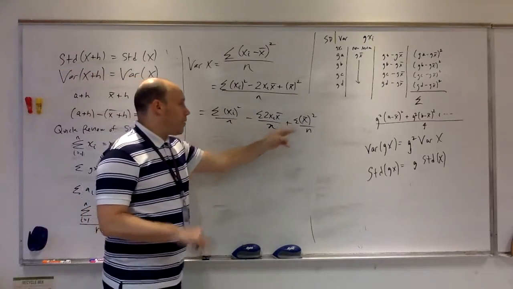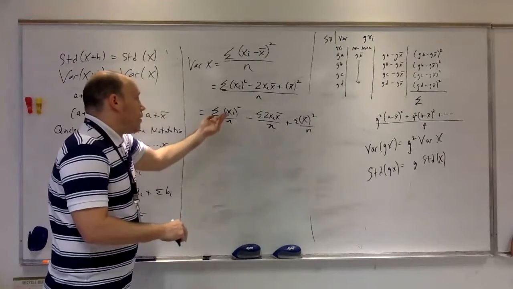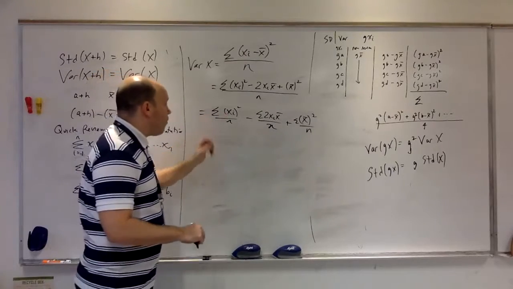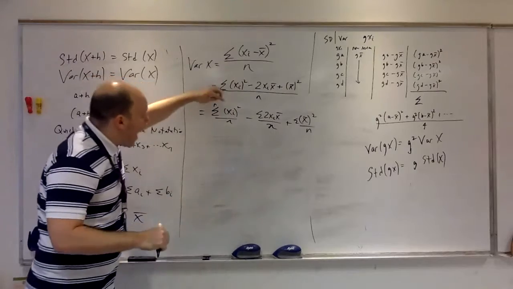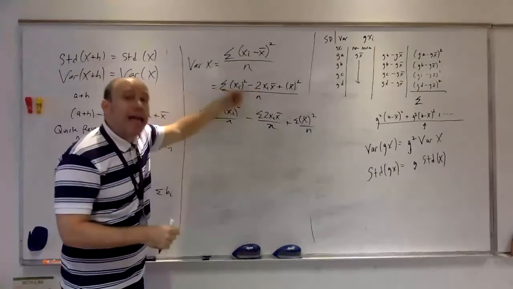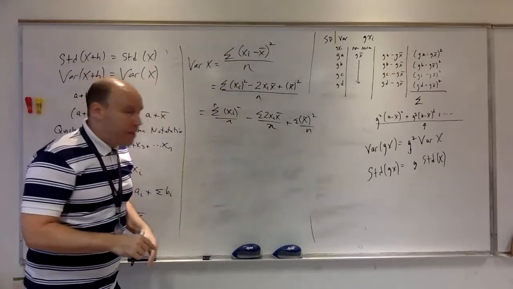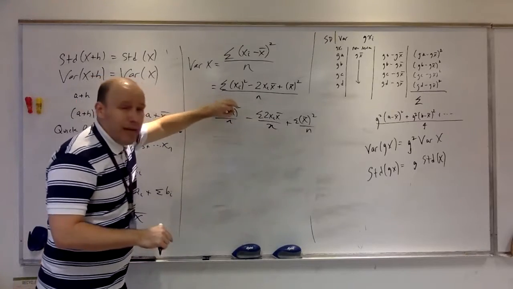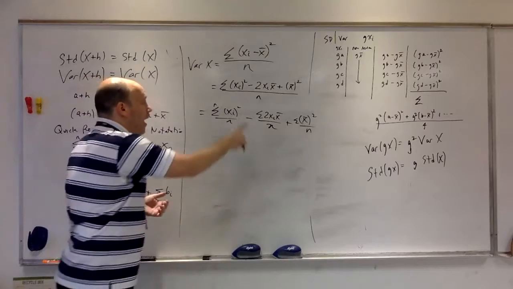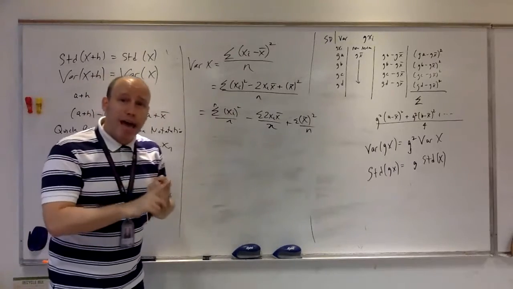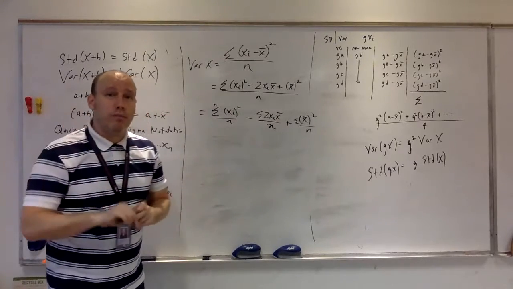Let's take apart each of these. Well, this is simple. Once again, this is n terms. So we're adding up n terms and dividing by n. Therefore, we're taking the average of whatever it is that we've added up n times. In this case, we took our original data points and squared everything.